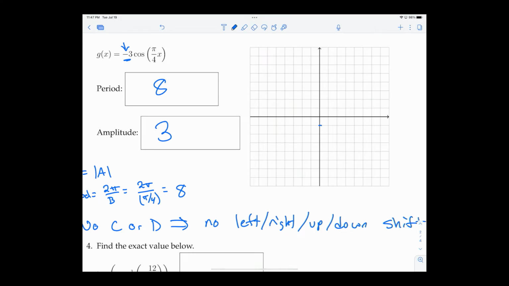So we go 1, 2, 3, 1, 2, 3. So its amplitude is 3, so it's going to go between plus and minus 3. It's negative, so instead of starting up here, it should start down here at 0, negative 3, for example. And then we know what it should do.